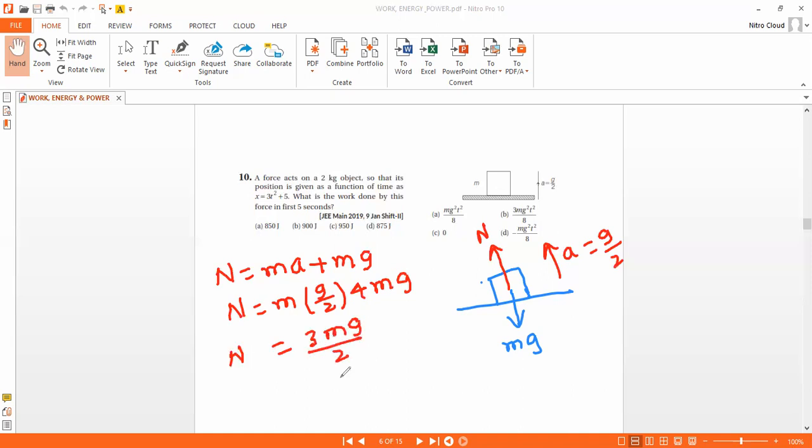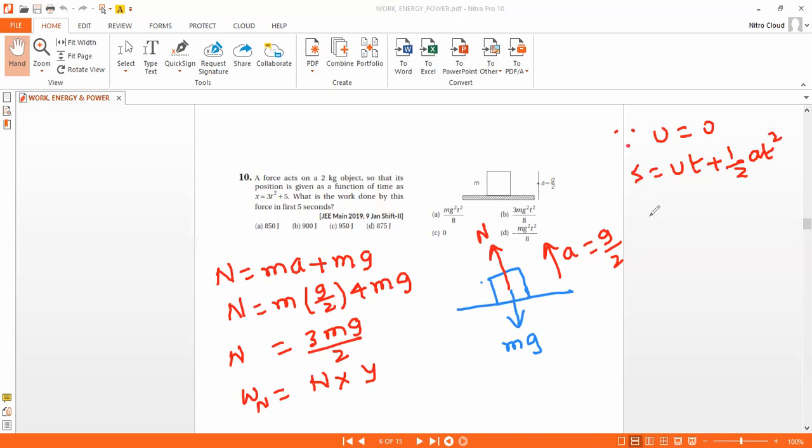They are asking to find the work done due to normal force. That is normal force times displacement. Since it is moving along y direction, I kept displacement as y. Since it starts from rest, u equal to 0 and s is equal to ut plus half at square.